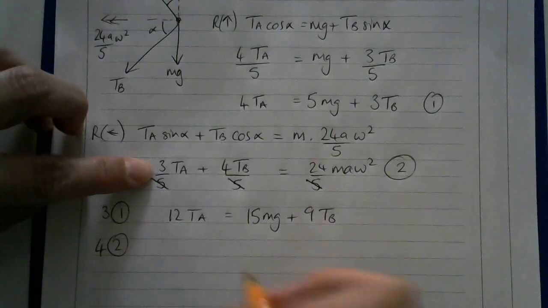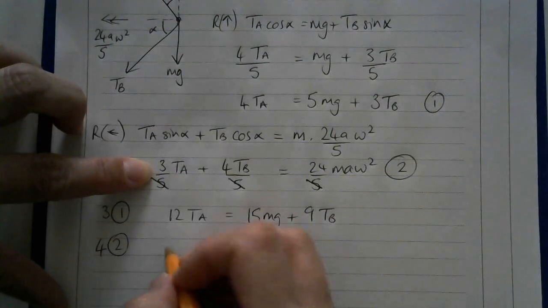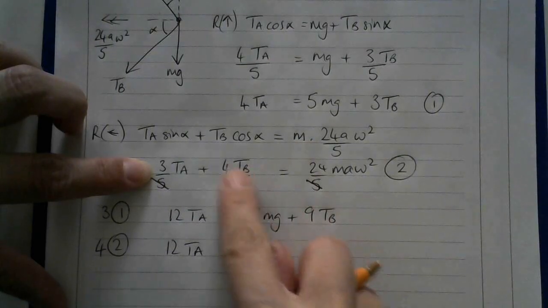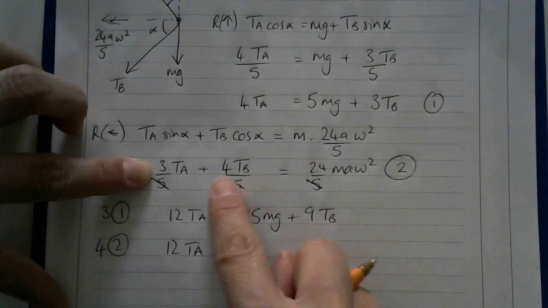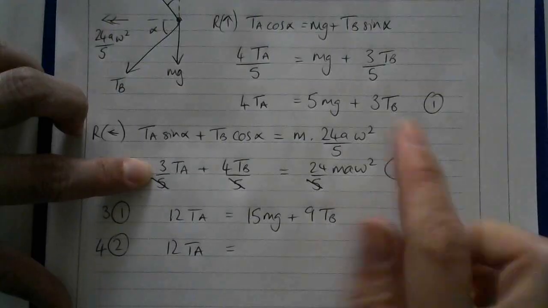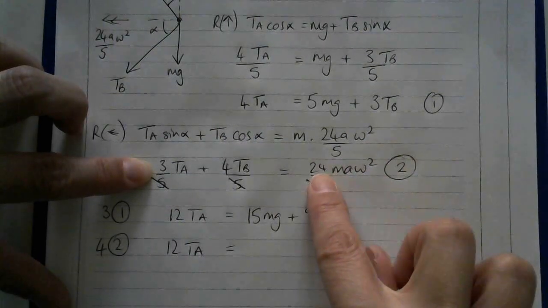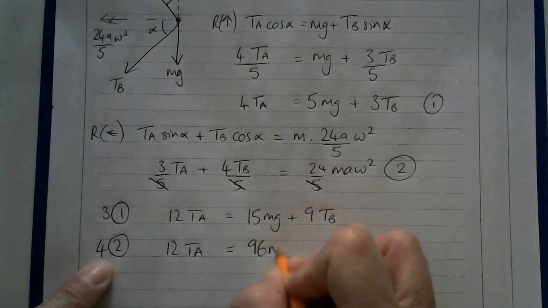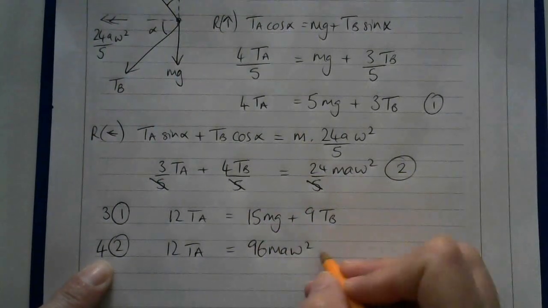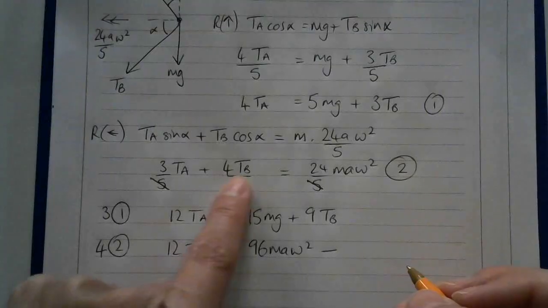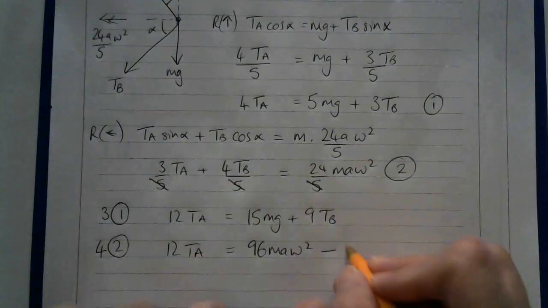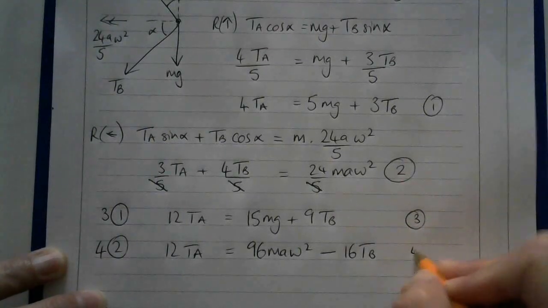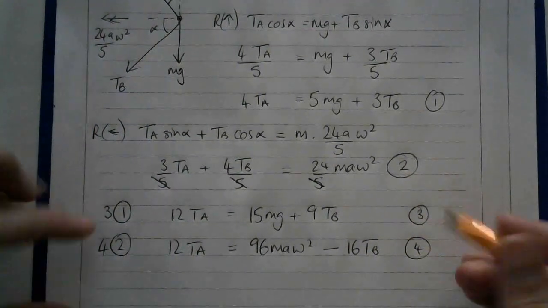And this one here, multiplying this by 4, I get 12 TA. I'm going to move this onto the other side, so I'm going to take 4 TB from both sides. So here I've got 24 times 4, which is 96 MA omega squared, minus 4 TB becomes 4 times 4, 16 TB.